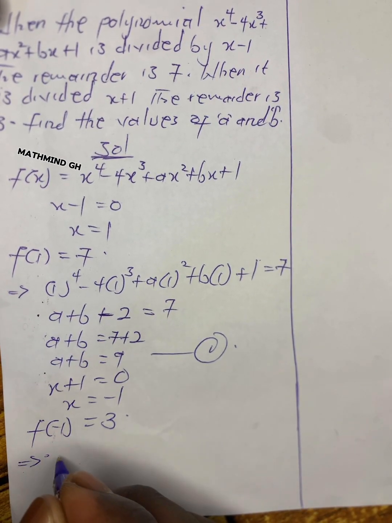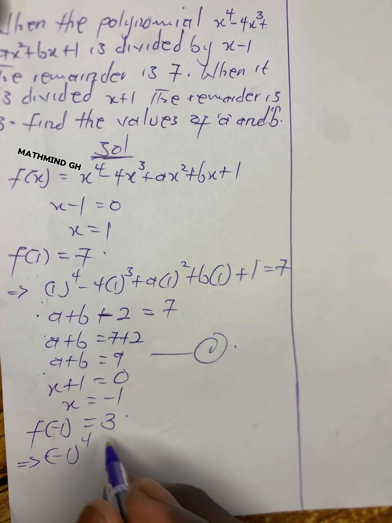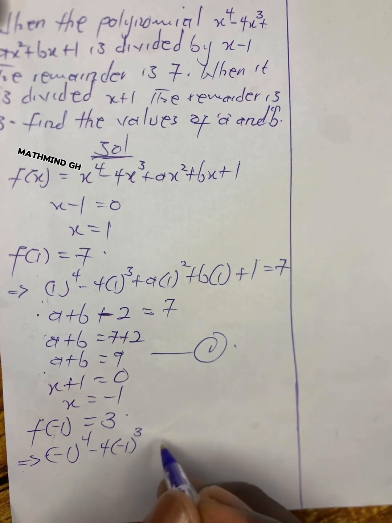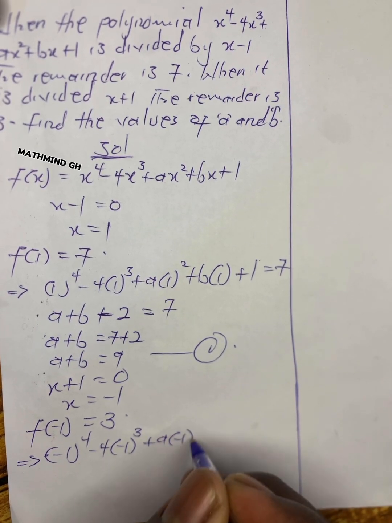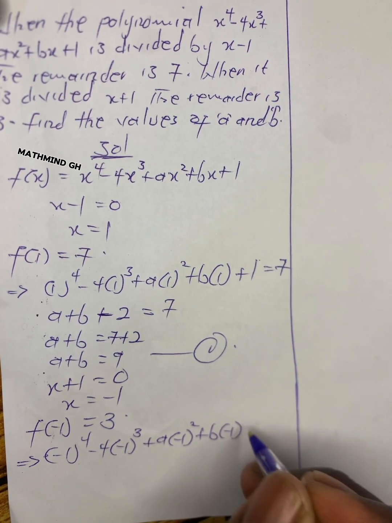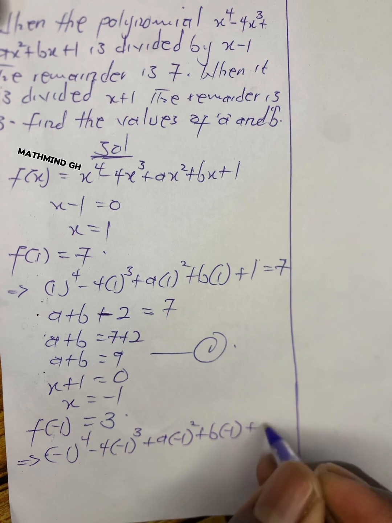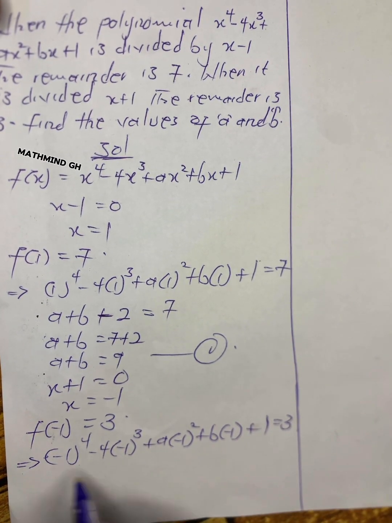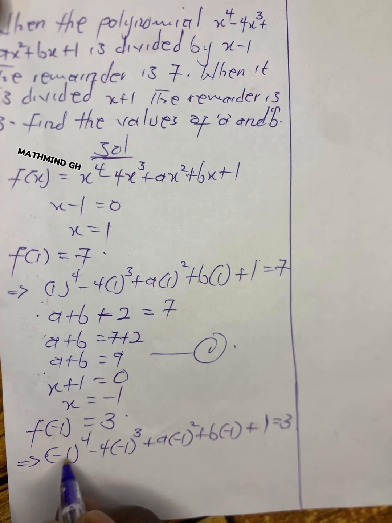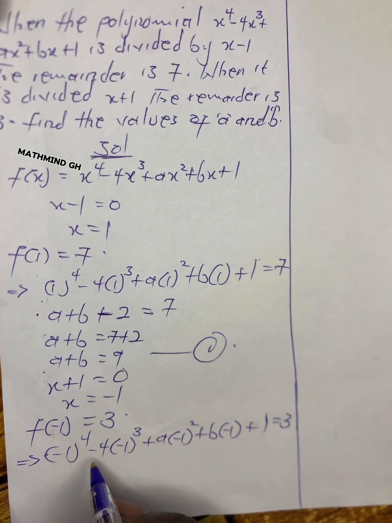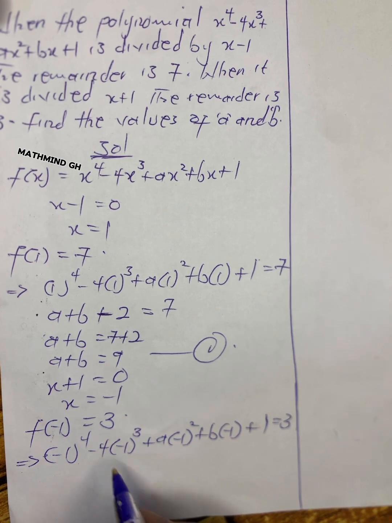That implies we have (-1)^4 - 4(-1)^3 + a(-1)^2 + b(-1) + 1 = 3. When we simplify that, we have positive 1 here, and this also gives positive 4, which gives us positive 5.